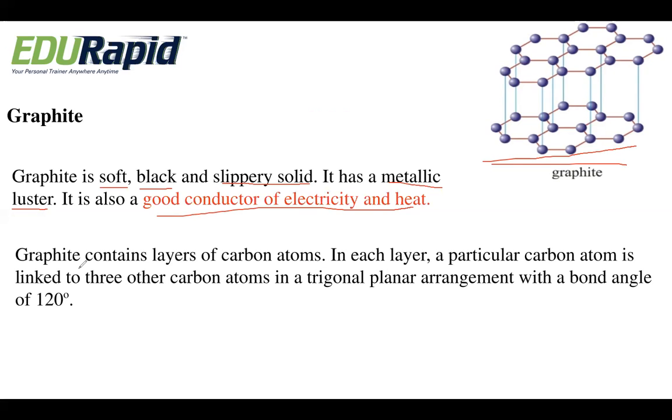Graphite contains layers of carbon atoms. In each layer, a particular carbon atom is linked to three other carbon atoms in a triangular planar arrangement with a bond angle of 120 degrees. So in the case of diamond we have a tetrahedral structure, whereas here we have a triangular form.